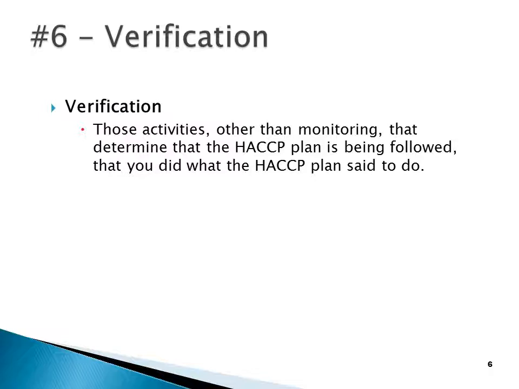Then 4 was how do we monitor that critical limit to make sure that we got it right. Number 5 was how do we correct it if we didn't get it right, if we didn't hit the critical limit. And now number 6 is verification.